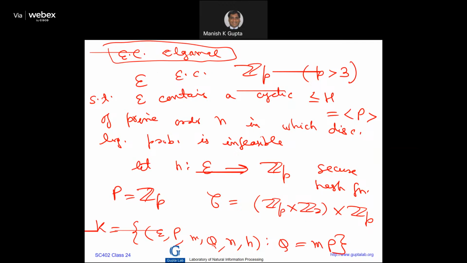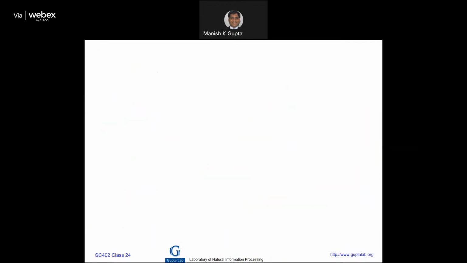So Q is equal to m times P, and h is a secure hash function. m is basically some integer in Z_n star. Once we have this setup, we can say that E, P, Q, n, and h are the public key, and m is the private key.